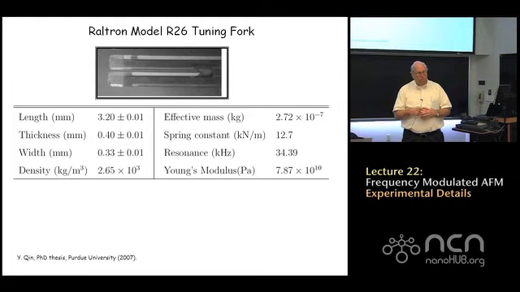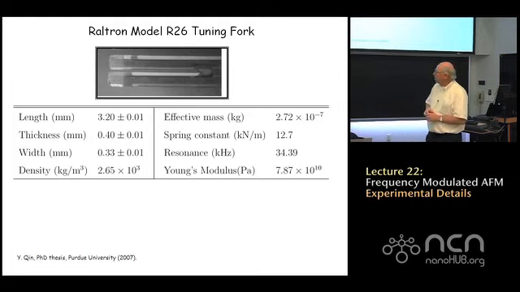So this is a really stiff cantilever compared to the cantilevers that we've dealt with in the past. But we need that stiffness because it means the tip that we attach to one of the tines is not going to jump to contact. It's not going to exhibit the snap-in instability that conventional AFM cantilevers exhibit. That's also a huge advantage.